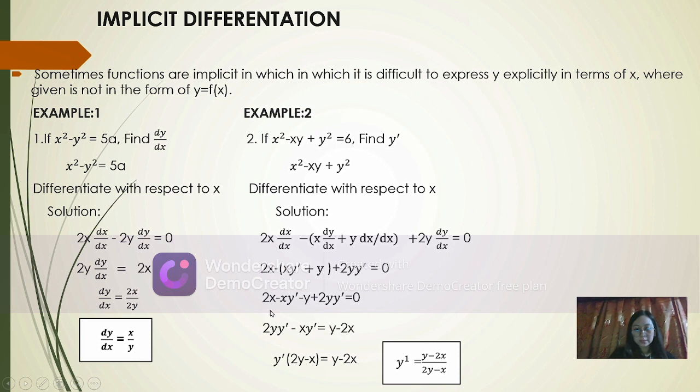And yung 2x is ito. So, the answer is y prime times 2y minus x is equal to y minus 2x. So, ito siya. Ganyan. y prime is equal to y minus 2x over 2y minus x. So, that is last example.